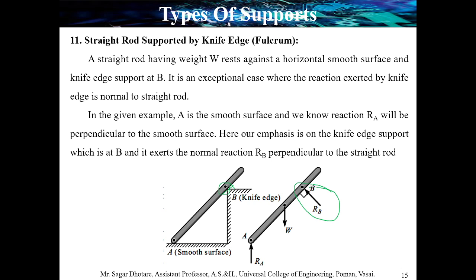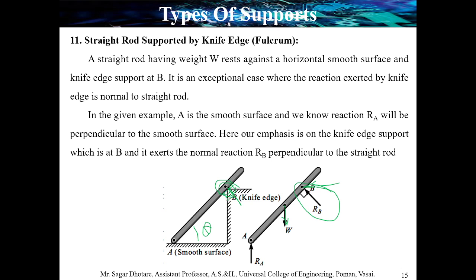Next, third is its own weight. Now if you have a smooth surface over here also, we have a horizontal reaction, but it is applied at a particular angle theta with respect to the horizontal. The reaction should be perpendicular to the surface.